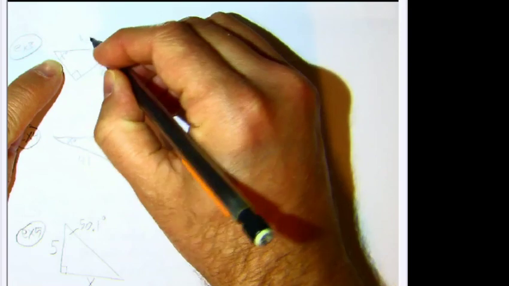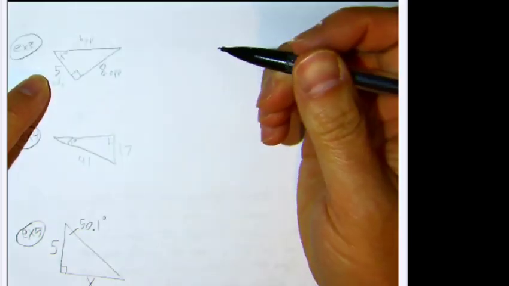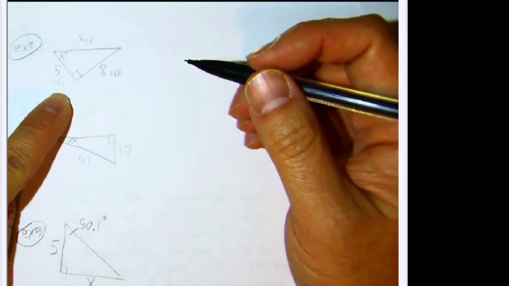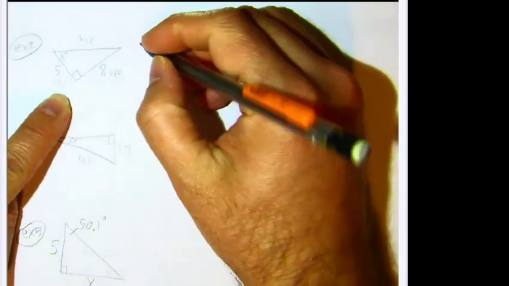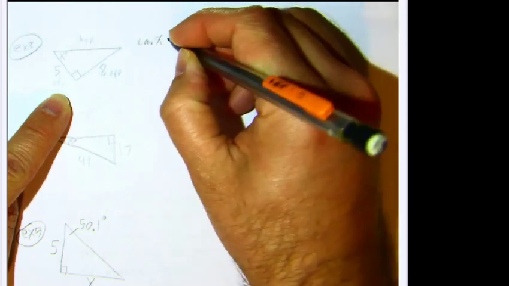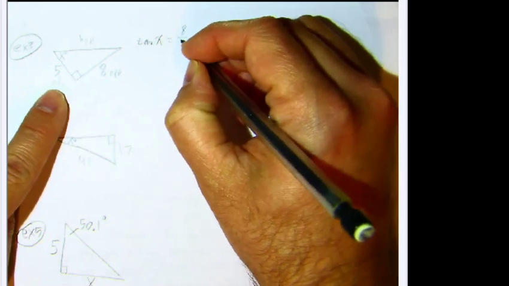This would be hypotenuse, and that makes this adjacent. So here I have opposite and adjacent. Well, thinking back to my trig functions, the one that has opposite and adjacent is the tangent. So I'm going to say the tangent of x is going to equal opposite over adjacent.